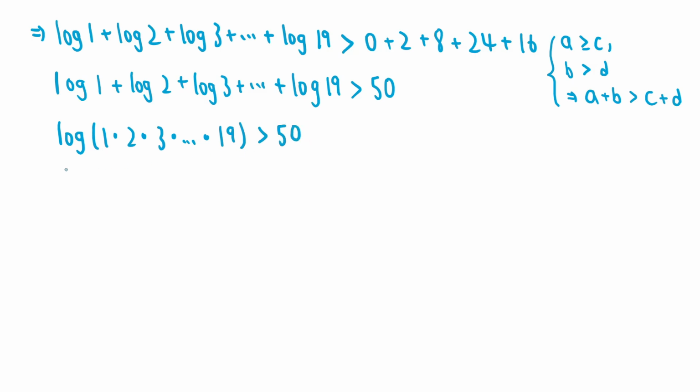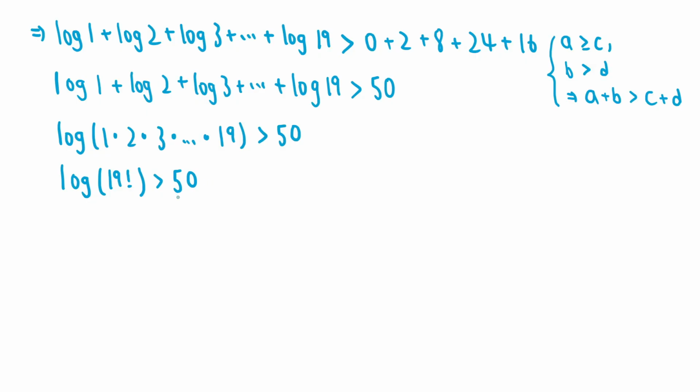And as we found earlier, this expression is just equal to log of 19 factorial, which is greater than 50. And of course, to reverse what we did to the original two expressions we were trying to compare, which was to take the log base 2 of both expressions, we need to apply the exponential function of base 2 on both sides with log of 19 factorial and 50 as the arguments.